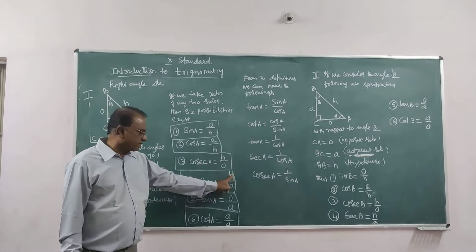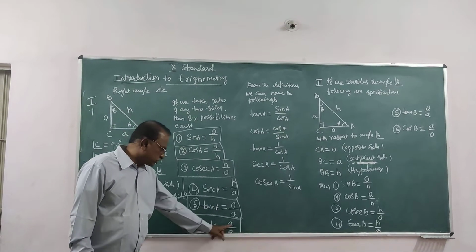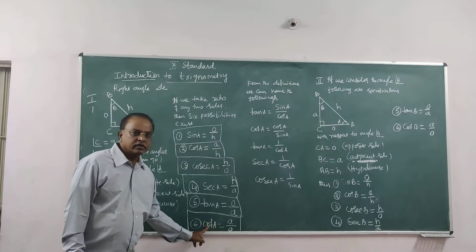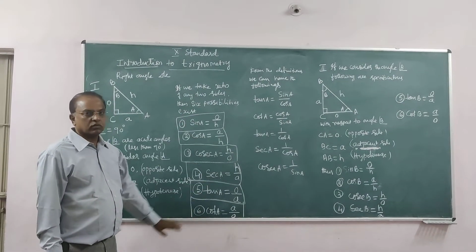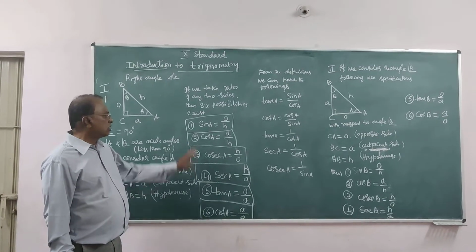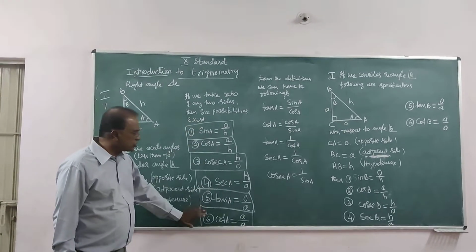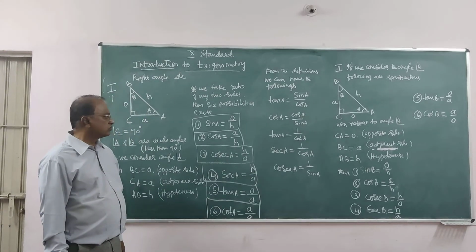Secant A. This ratio is called tan A, tangent. This ratio is called cot A, cotangent. These are called the trigonometric ratios of the angles. Six.